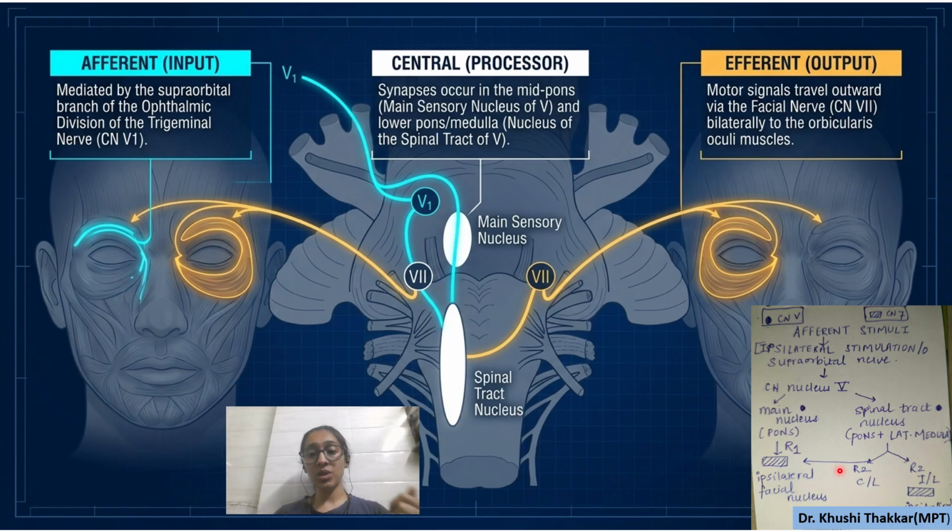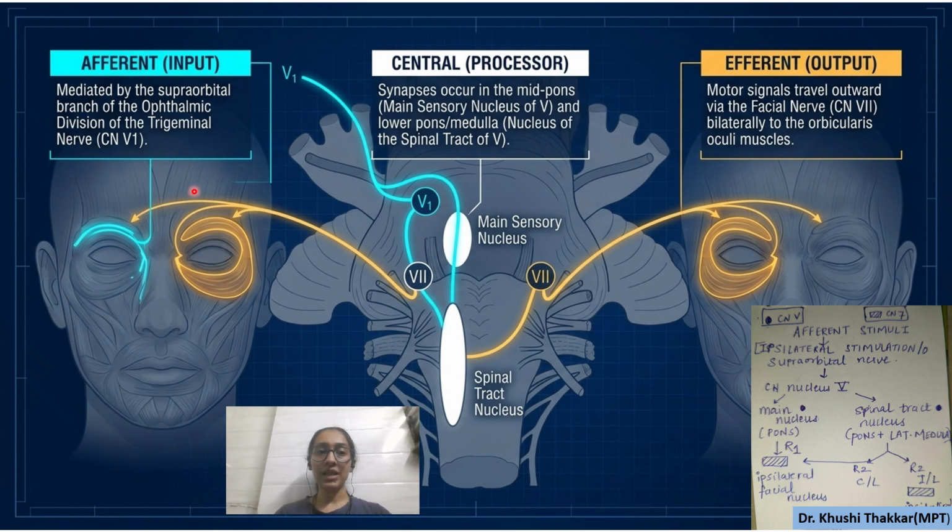Now the stimulus that goes to the spinal tract nucleus gets divided into two stimuli, and both are R2. R1 is ipsilateral, which came from the pons. Now from your spinal tract there are two R2s. One R2 goes to the ipsilateral facial nerve nucleus, and the other R2 goes to the contralateral side, where your R1 was not coming from the pons. Okay, this diagram is easy and understandable.